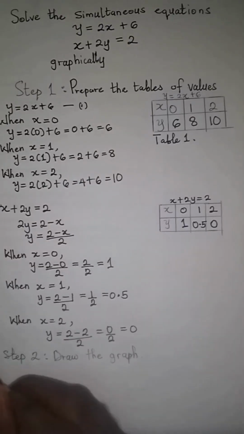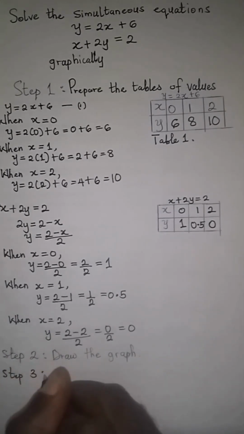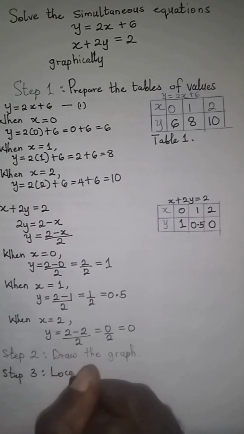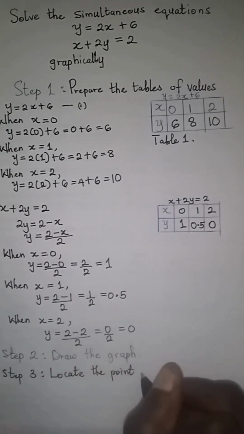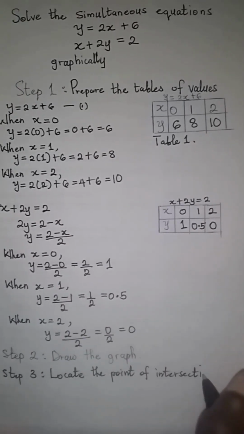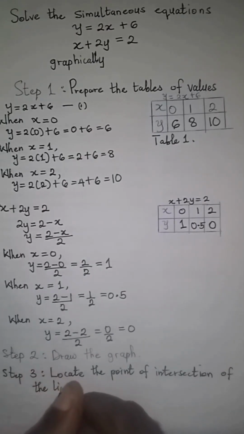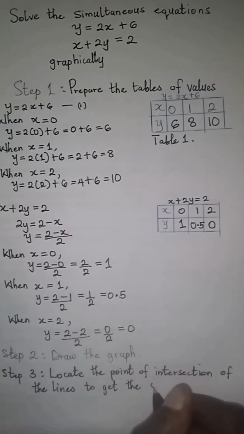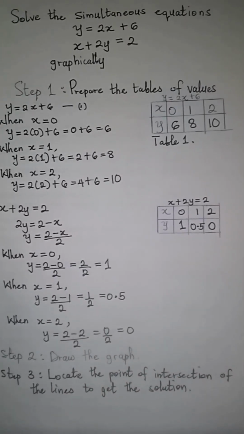Now finally, back to where we started from, we can, after drawing the graph, put step 3, which is find the solution or locate the point. So we locate the points of intersection to get the solution.